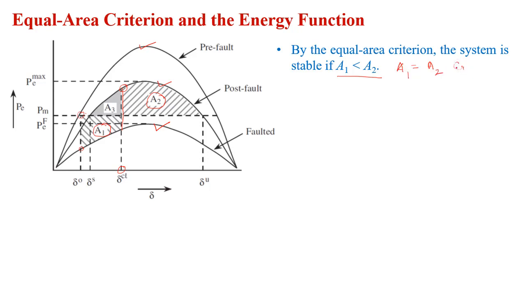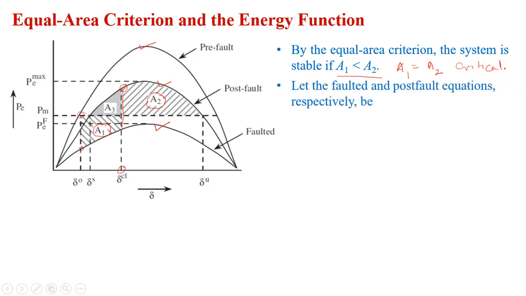Under this condition we find the critical clearing time, TCR, and delta CR. So when A1 is less than A2, your system is stable.